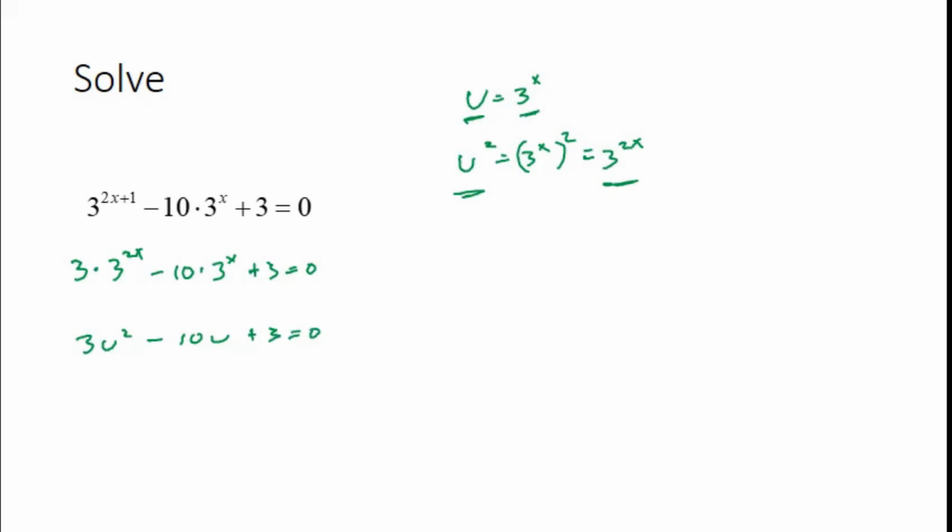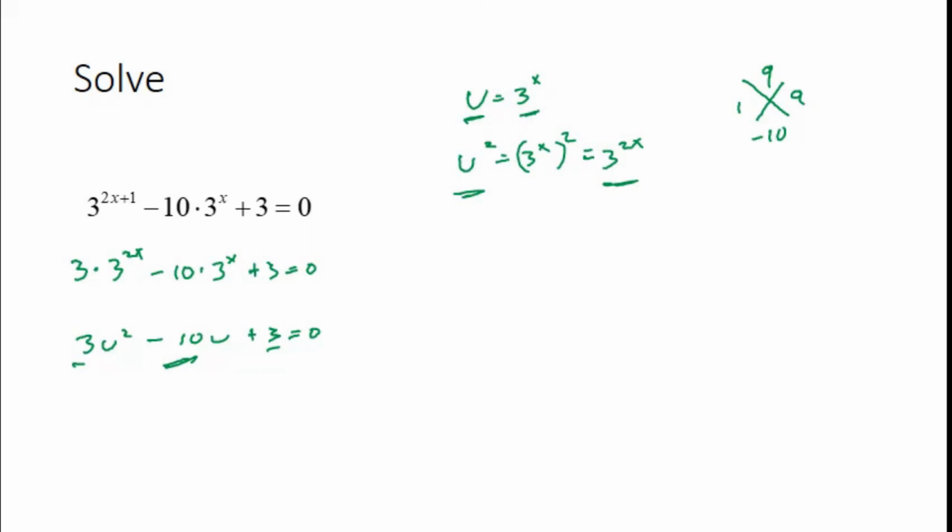Let's see if we can factor this. So 3 times 3 is 9. And here we have negative 10. So two numbers that multiply to be 9 but add to be 10, I would say 1 and 9.